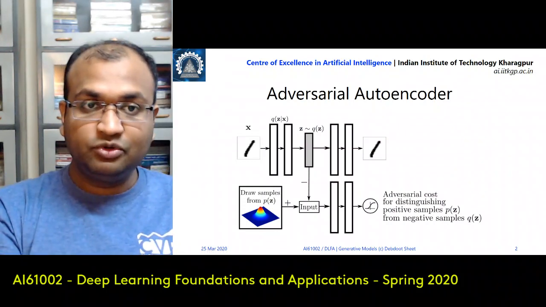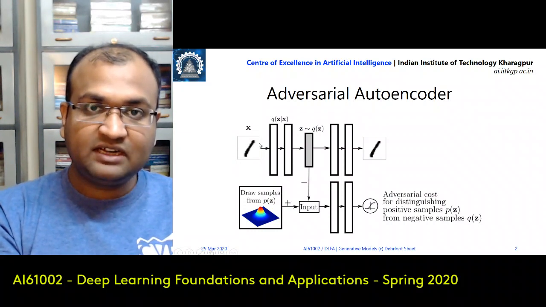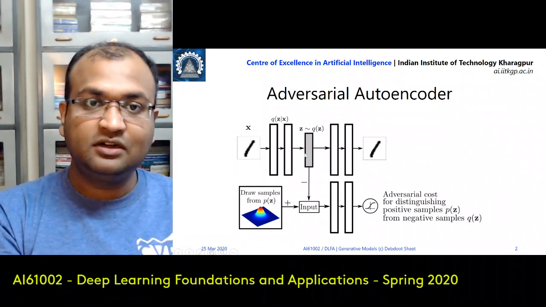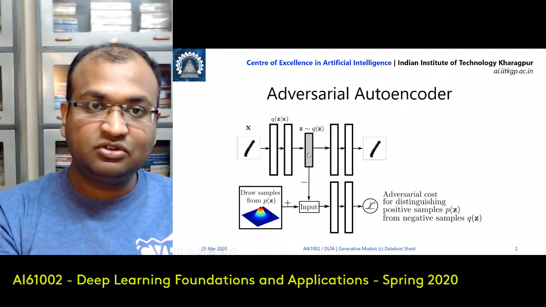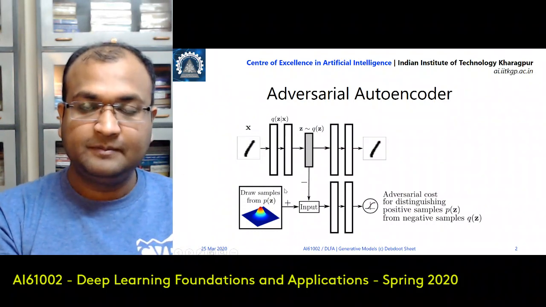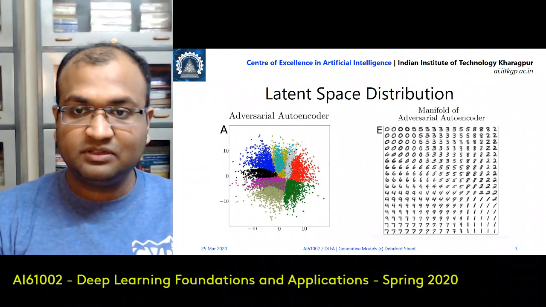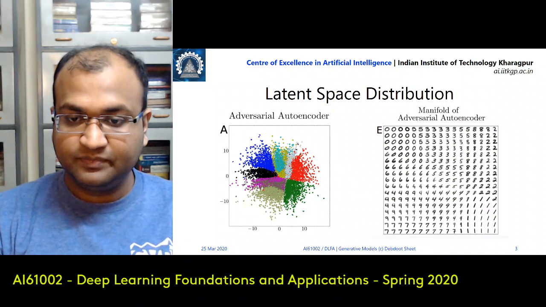So what that would mean is that the negative of the gradient function of this discriminator should be used for updating this encoder itself. And that's the whole crux of how we can make QZ very closely resemble PZ. So once you are able to do that, next comes the point of what you will achieve.